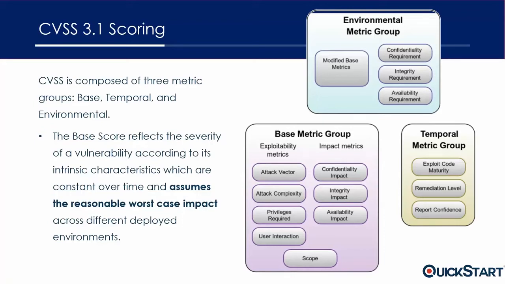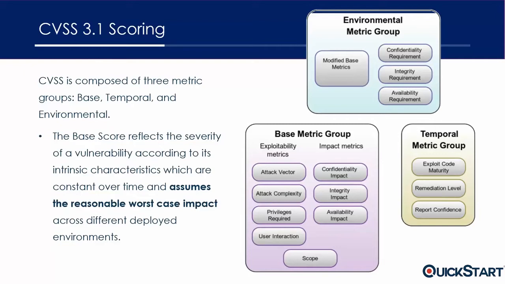Now, the calculator does make some assumptions, and the core assumption is that the reasonable worst case impact is true, okay? So it's only going to deal with the worst case of this being exploited.